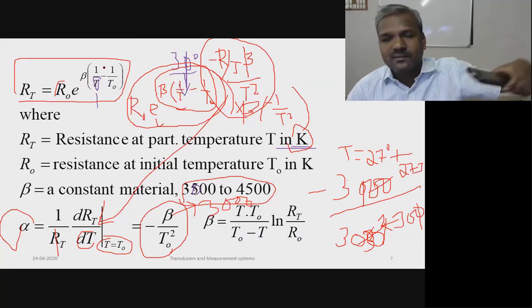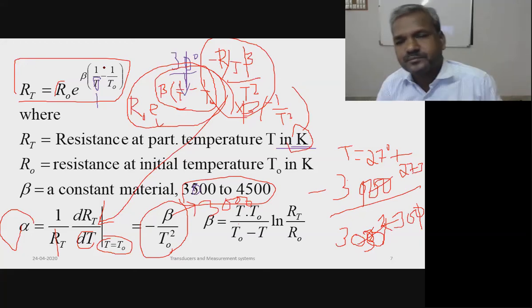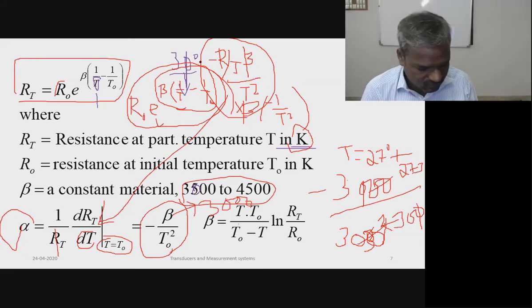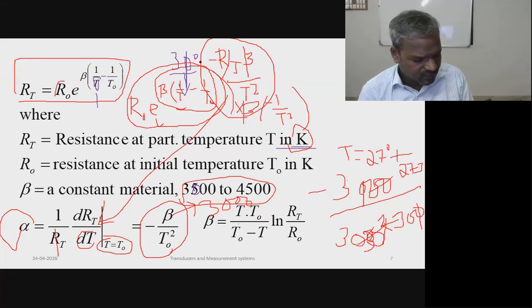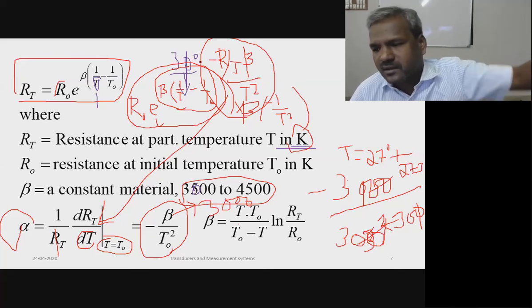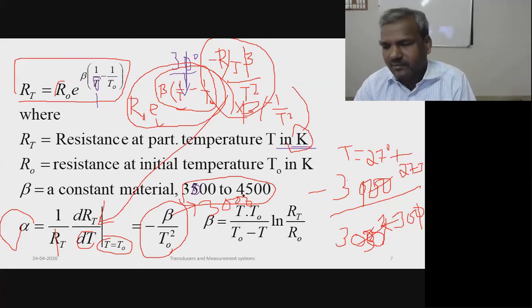Please calculate 3 divided by 90 and tell me. It is around 0.033 per degree square.